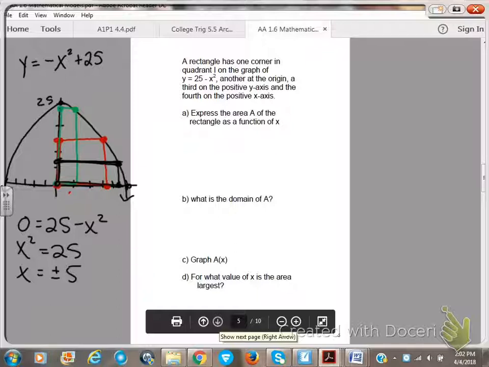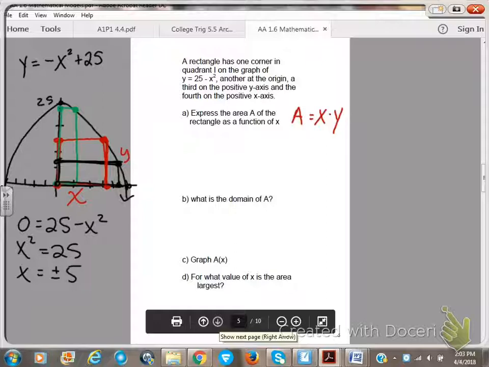And then my length, maybe instead of L, what might be a better variable to use? Y. So then the area for a rectangle can be written as x times y.